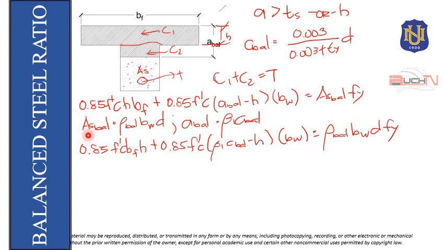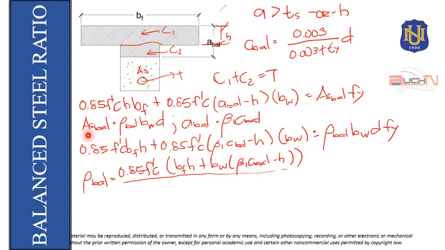Then, kunin natin yung rho balance. So, ang magiging equation natin would be rho balance is equal to, labas natin si 0.85 f'c, so 0.85 f'c times B_F times h plus B_W times beta 1 C balance minus h, divided by B_W d f_y.